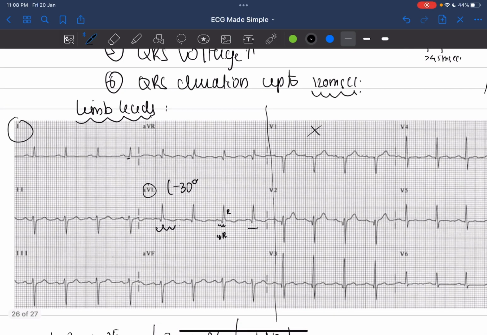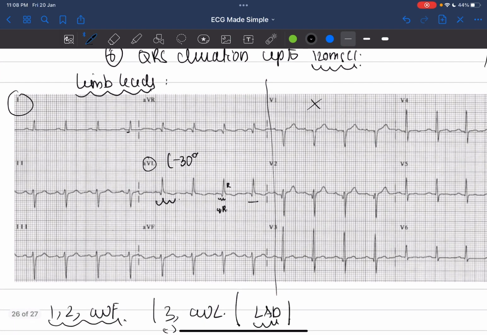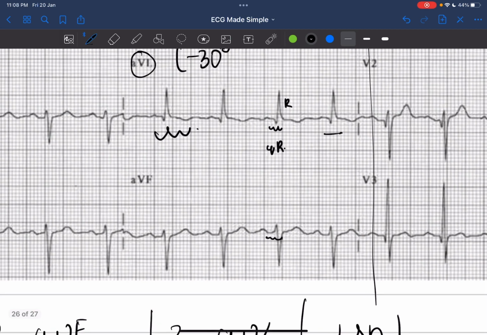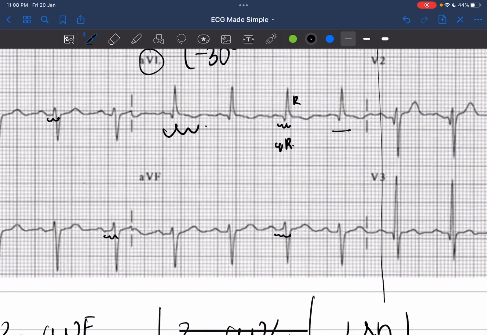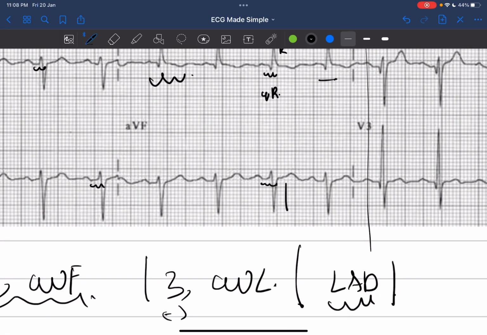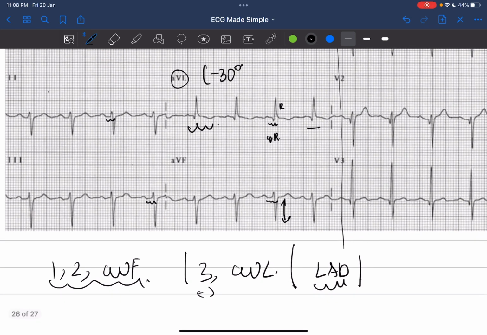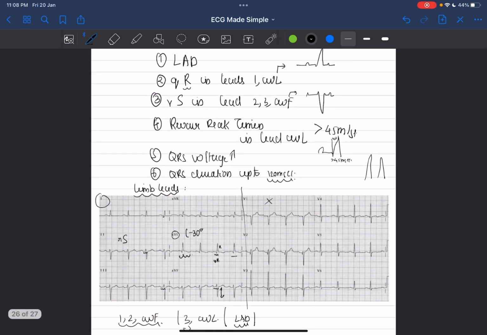And you can also see in leads 2, 3, and AVF, the inferior leads, a small R wave followed by a deep S wave. So this satisfies the third criterion.